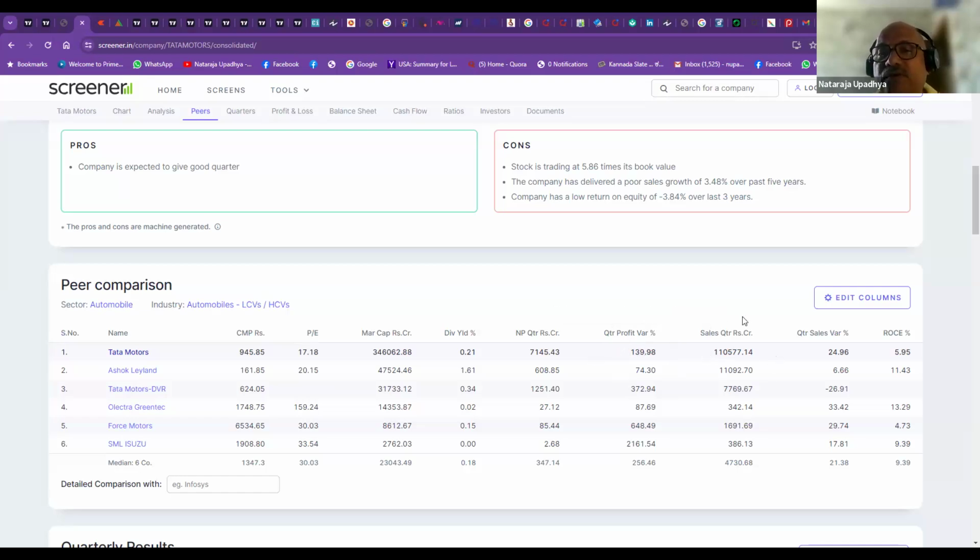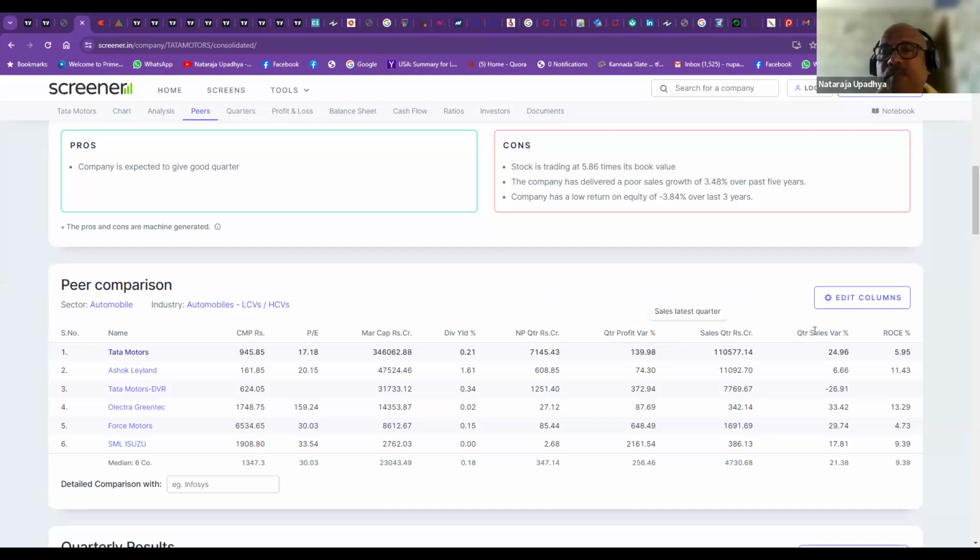Total sales for the quarter was 110,000 crores. That is a lot of money. Whereas for Ashok Leyland, it is how many digits? At least 100 times less. Got it, no? So again, quarterly sales growth went up by 24%, but profit went up by 139%.